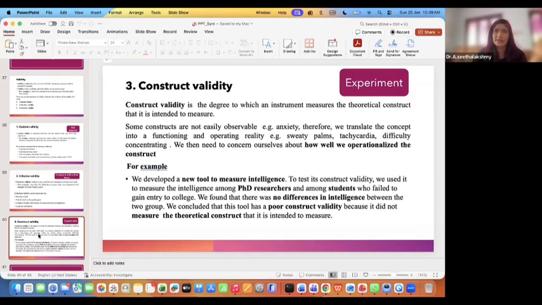For example, if you take the entrance exam related to students who are cracking NEET, the intelligence measure that you got for those, as well as those who haven't even attempted that, or maybe have some special coaching, and those who do not have that coaching at all, there should be some difference, then only your questionnaire is valid. Of course there are multiple debates on this aspect, but this is actually what is called construct validity.